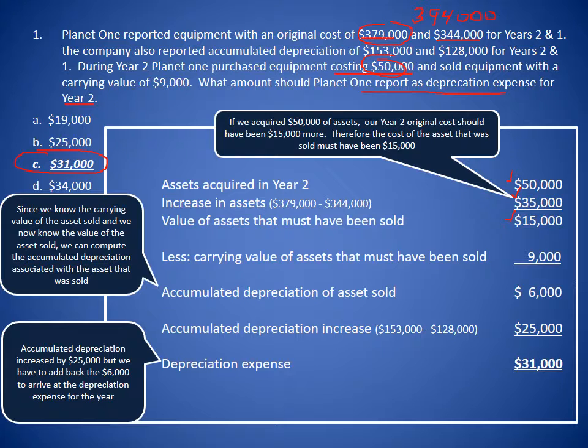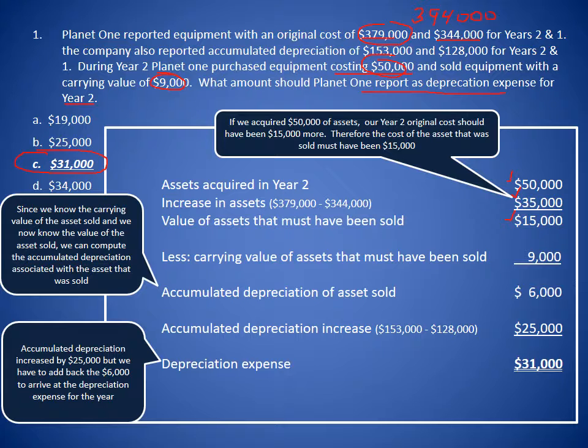Now, we're also told in this problem that the equipment was sold and it had a carrying value of $9,000. So if we remember our carrying value formula, it's our original asset cost minus depreciation equals the carrying value.